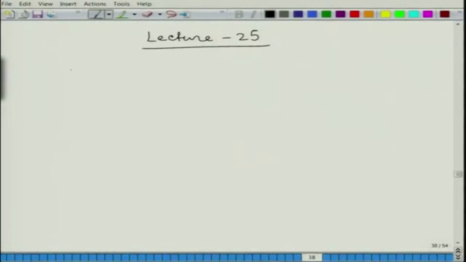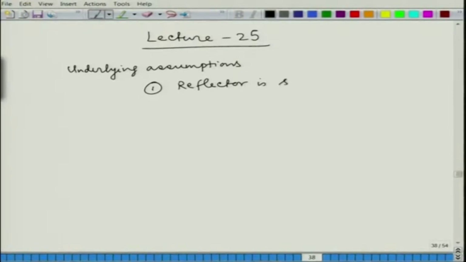So, first, what are the underlying assumptions? First one is that the reflector is symmetrical, because that will tell from one side how the rays will be reflected to the other.